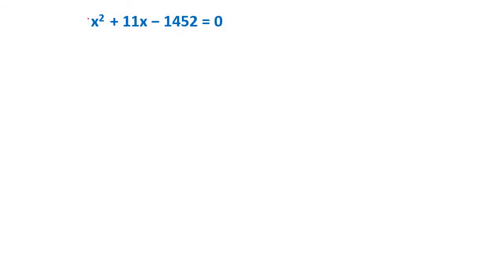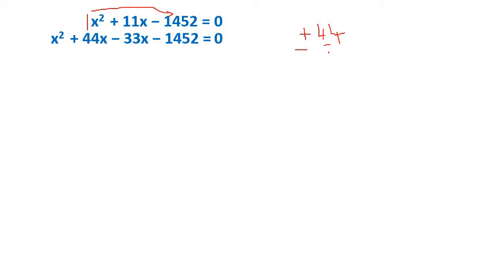Now factorize. The coefficient of x square is 1 and the constant is minus 1452. So if you factorize, you will get x square plus 44x minus 33x minus 1452. Therefore, plus 44 and minus 33 are the factors of 1452.